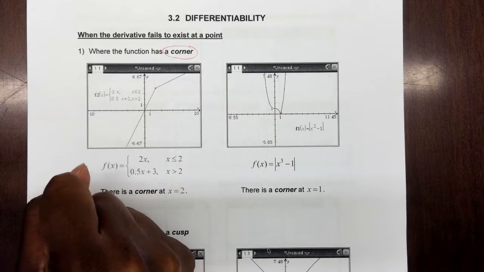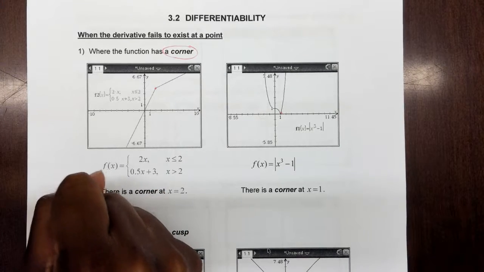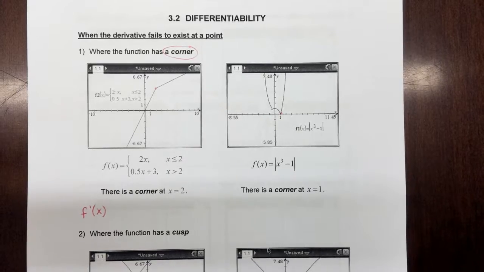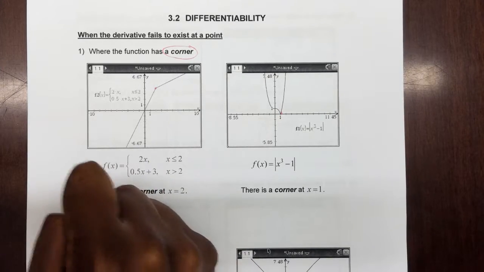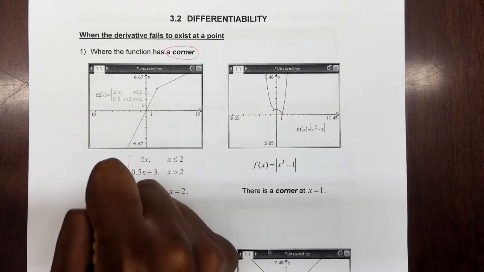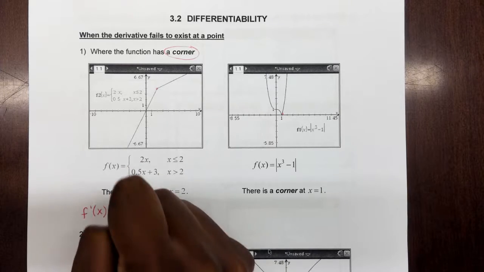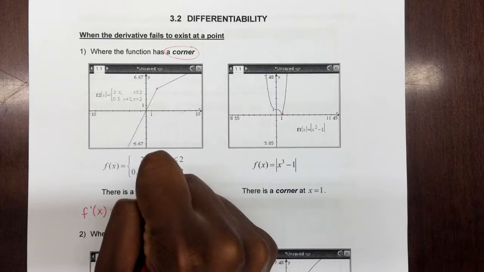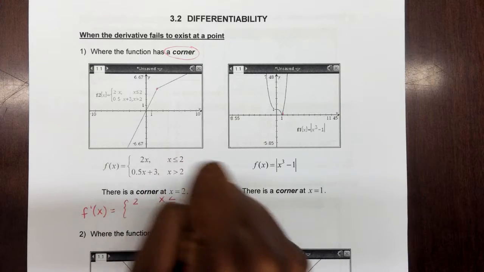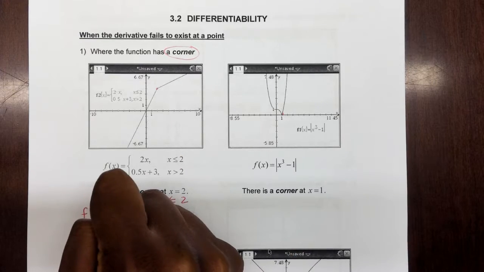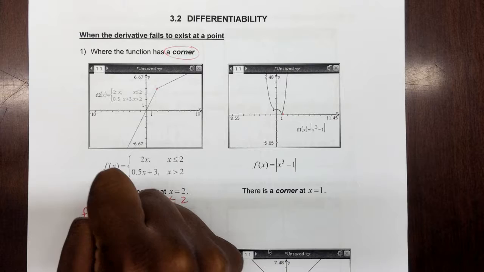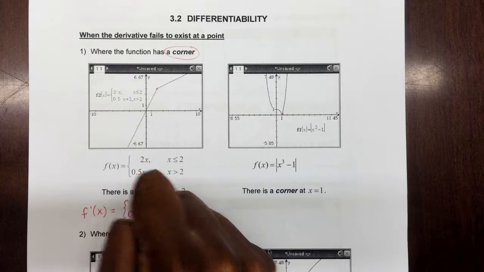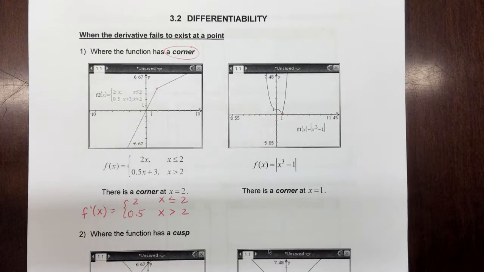For this first one, when we find the derivative from the left and from the right, we find that the left-hand derivative is 2 when x is less than or equal to 2, and the right-hand derivative is 0.5 when x is greater than 2.